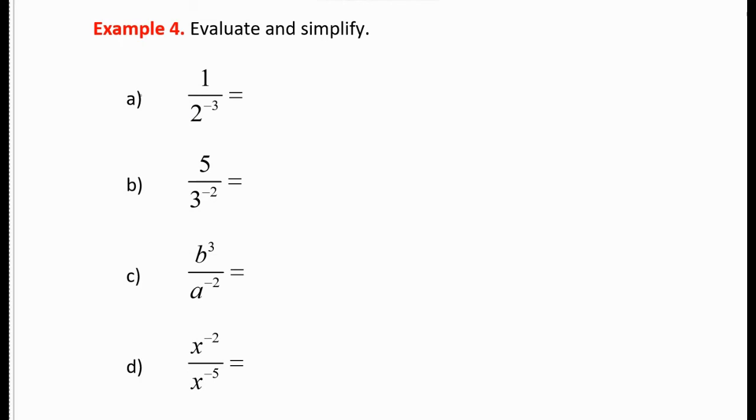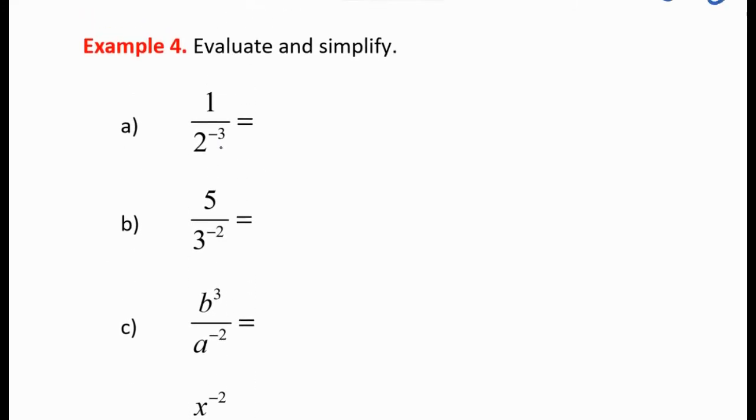Evaluate A, B, C, D. Okay, this looks really tricky, everyone, but I want you to remember this. When you have a negative exponent in the bottom, flipping and changing the location are the same process. So instead of flipping it, you can just move this over to the top and make the exponent positive.